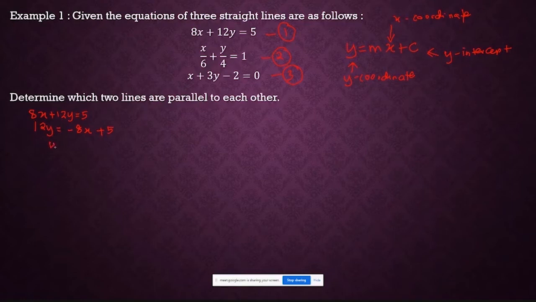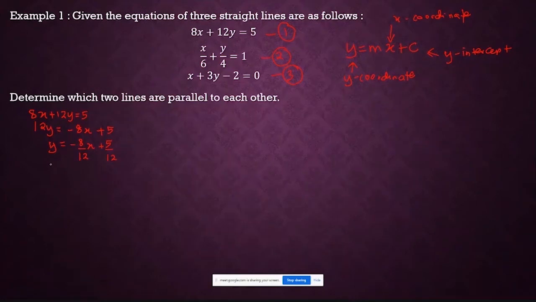You must make your y a single y, so divide both sides by 12. Then you have 5 over 12. So now your equation will be y equal to negative 8 over 12 x plus 5 over 12.